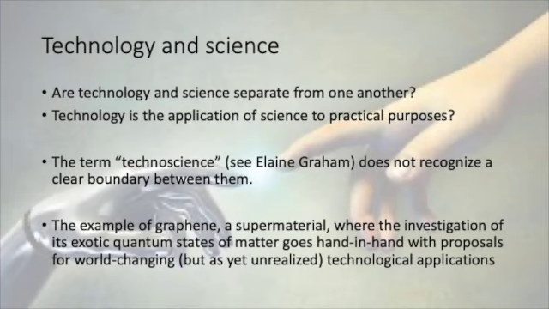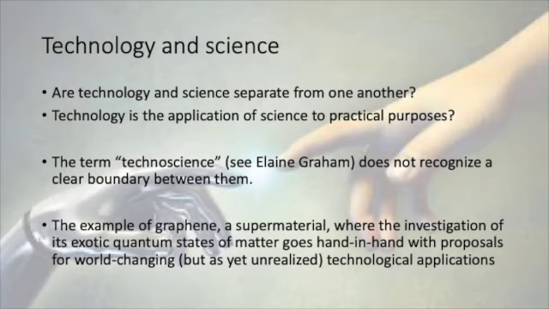One concrete example of how in contemporary scientific research there is no clear boundary between fundamental science and technological application is the investigation of graphene. I'm taking this as an example because graphene is going to be a major focus of our class sessions on nanotechnology.